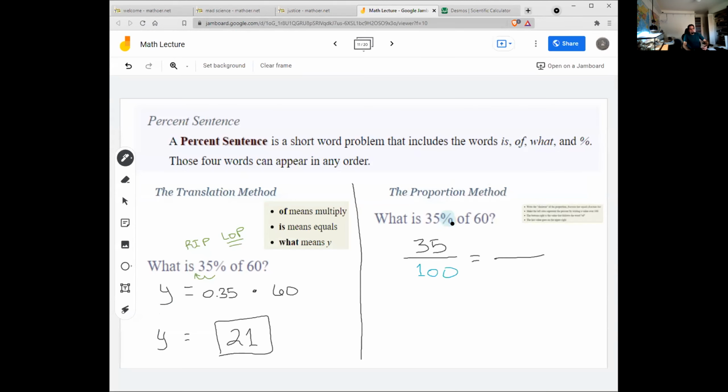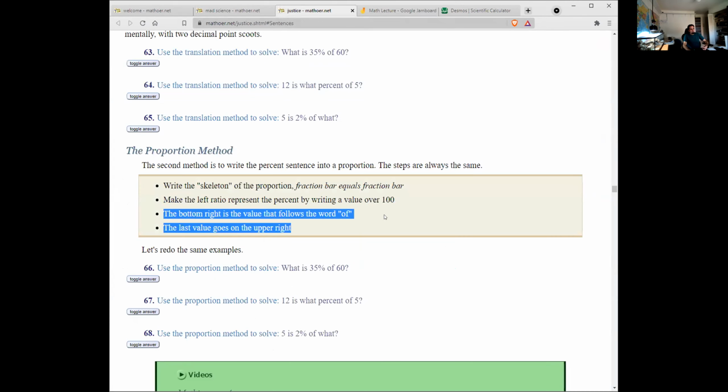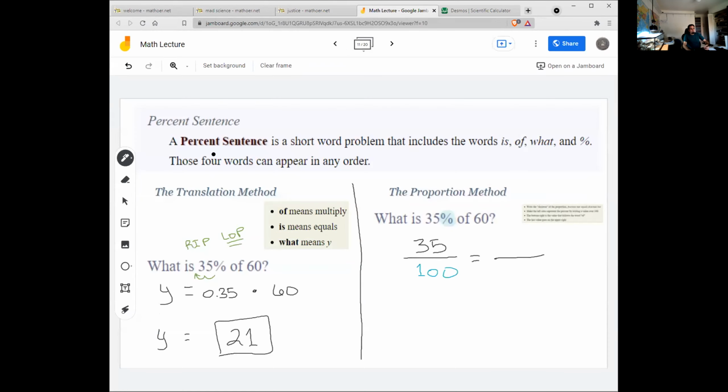If the problem didn't tell us the percent, if it was 12 is what percent of 90, then that would be where we put our y, because we don't know what goes there. We'll do some like that. The third step, the bottom right is whatever comes after the word of. So I find the word of, and stick it there.